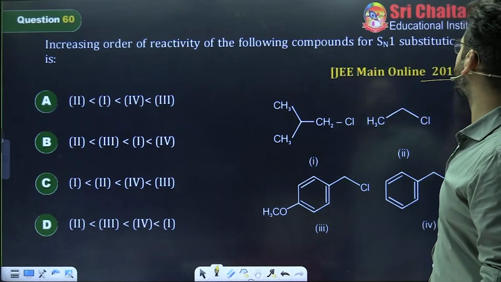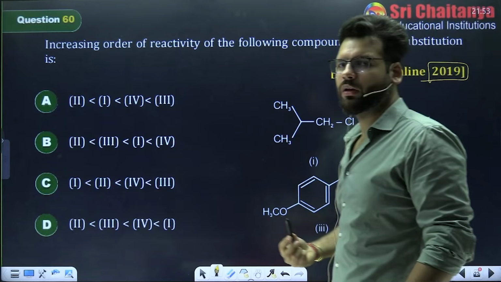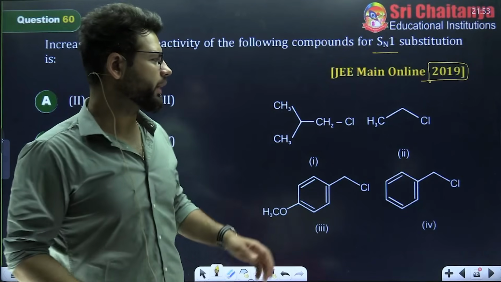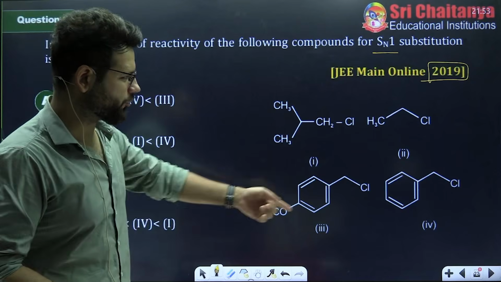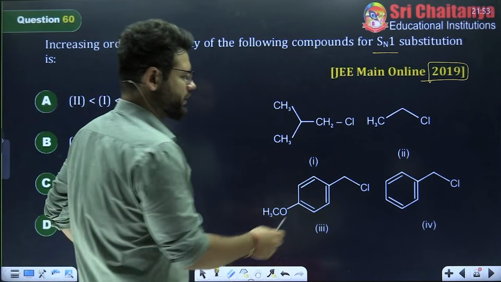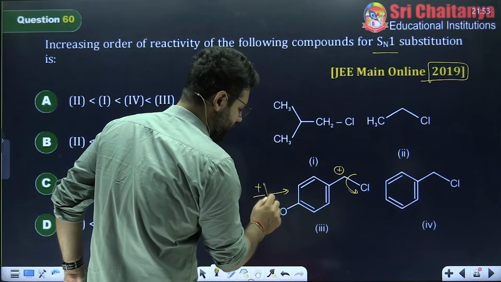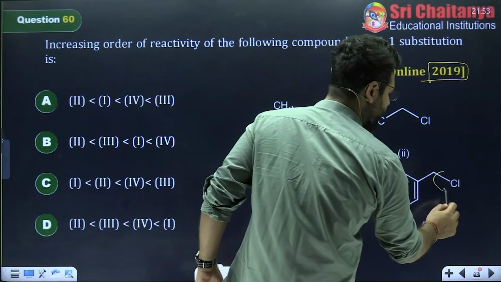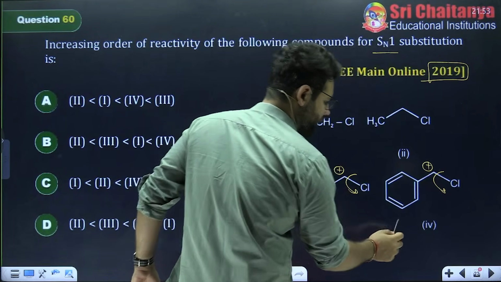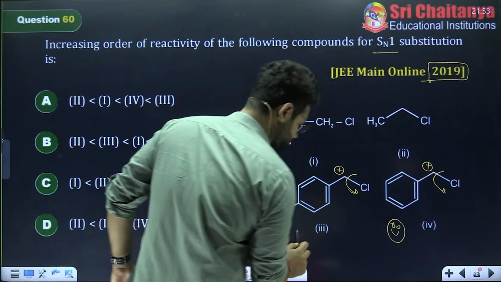See, 2019 SN1. Questions are repeatedly getting asked. I hope you will be able to do the same question we just did. This is a very good carbocation because of OCH3, which provides plus M effect. This is also a very good carbocation, although no plus M, but still resonance is there. This is super good.